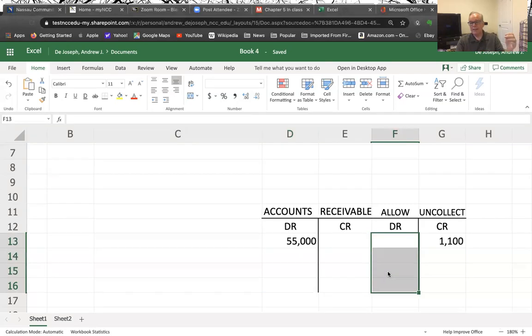Now, at the end of the year, if we look at this account, this tells you how much we were off in our estimate. If there's a credit balance in the account, it means that last year's estimate was too high by 1,100. If there's a debit balance in this account, like there was in the previous problem, it means that the actual write-offs were greater than the estimate. We estimated too little.